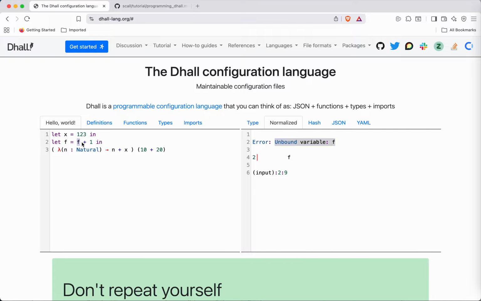If I say y here, it's the same error. So f is not defined, and I cannot have a definition that uses f itself. So I cannot have a recursive definition. I cannot define recursive functions. I cannot define recursive types directly in this statically typed lambda calculus.